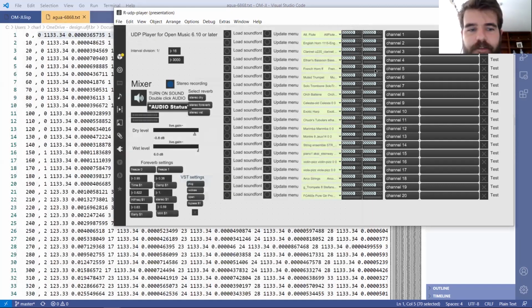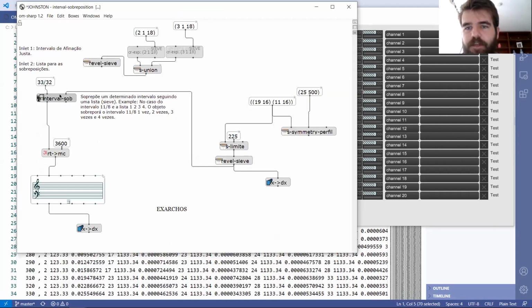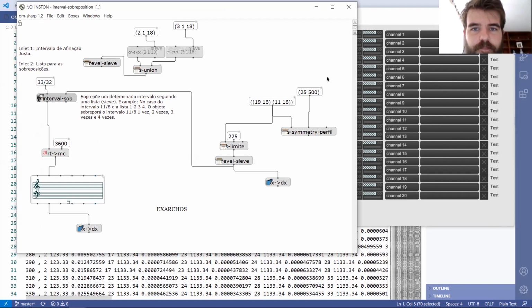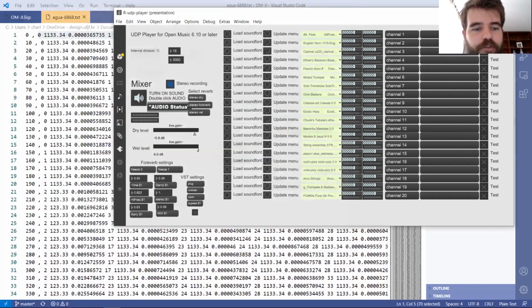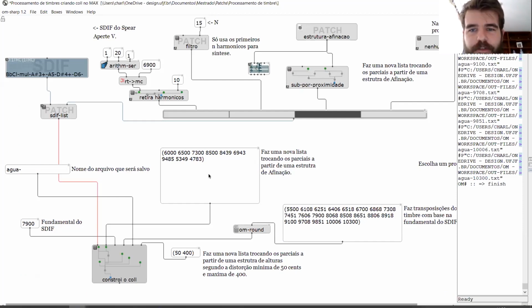So this is the idea of this object, the Johnson interval. It will build some palindrome spectrum in this context. And of course I have others.